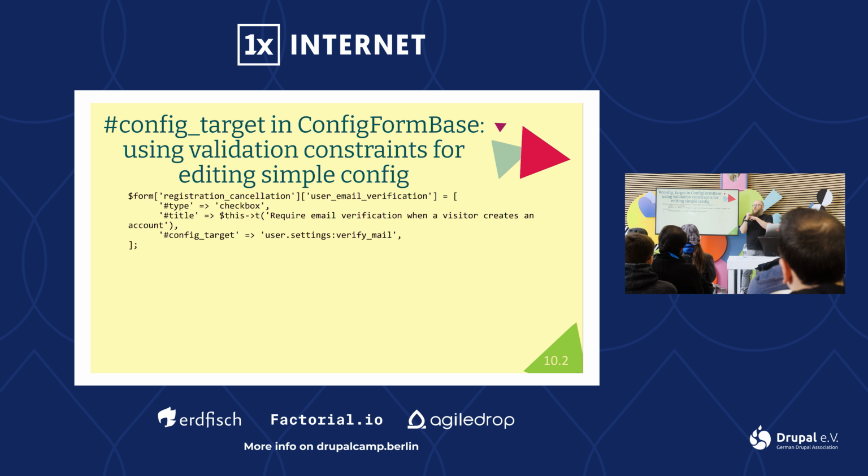So this allows you to remove all validate form calls from your config forms and remove all the submit form calls as well, because it will automatically save it. So that makes all your config forms easier and shorter, and if you implement it correctly, it also sets you up for success when we do JSON API kind of stuff.